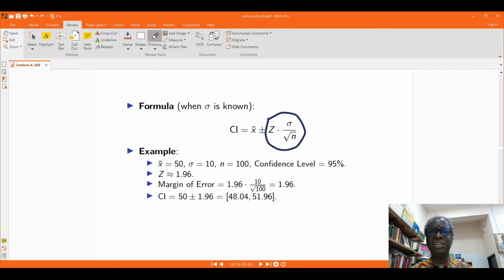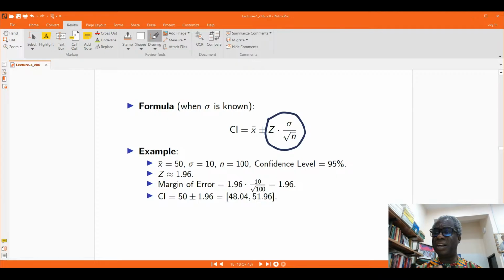We are giving our confidence level here to be 95%. And once it's 95%, your mind should quickly go to the Z-score, which in this case is going to be 1.96.